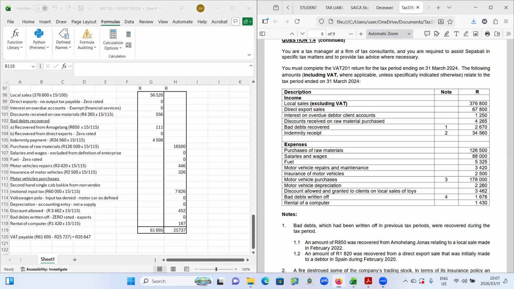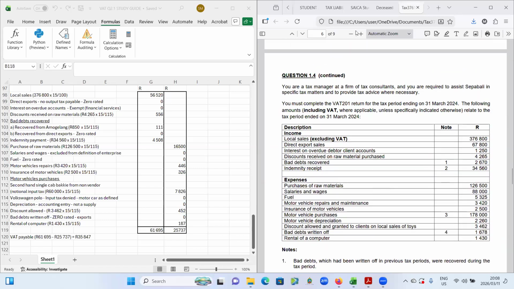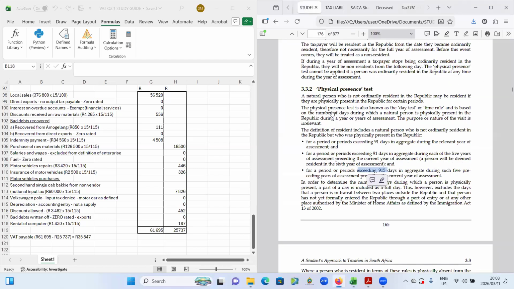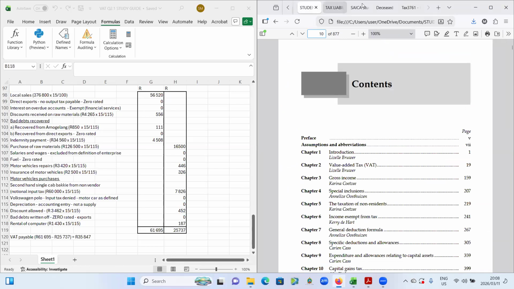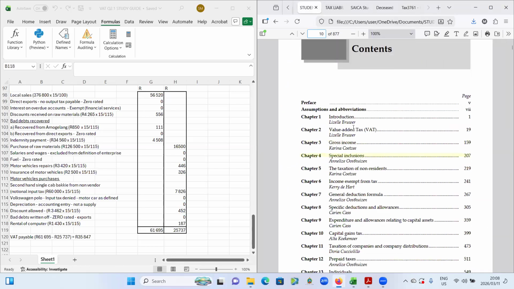See you next week when we cover gross income. In your textbook, if you want to go and read, I'm sure I shared the link in the group. Go to the topic under gross income.